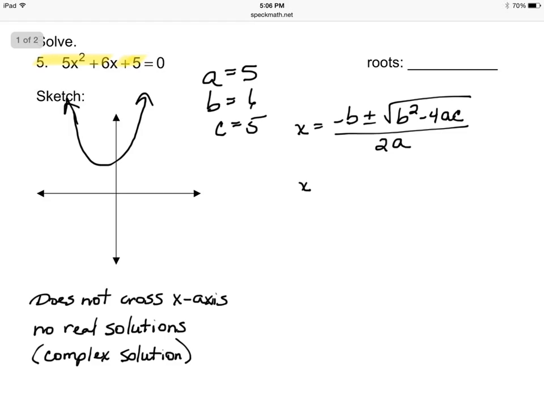So x equals negative 6 plus or minus the square root. 6 times 6 is 36, minus 4 times 5 times 5, so that's 100. 25 times 4, and all of that's going to be over 2 times 5.